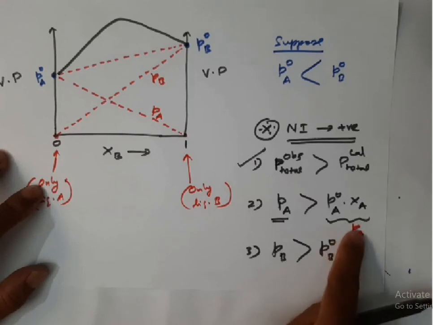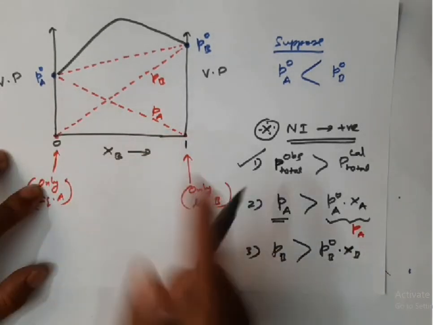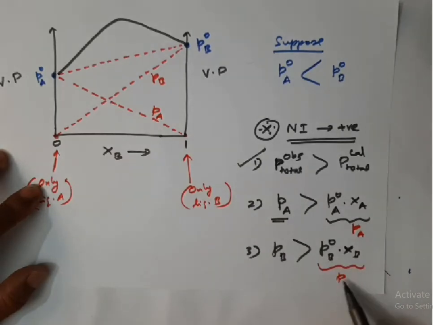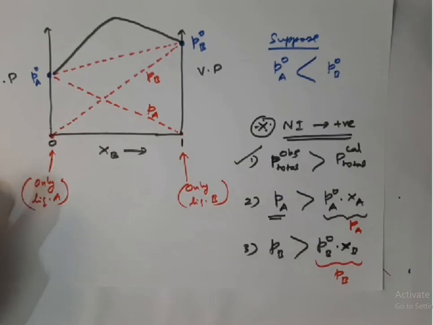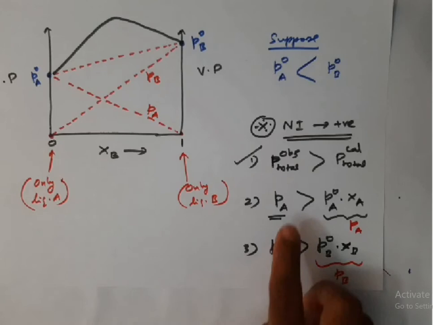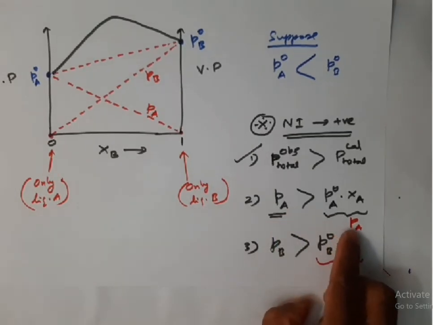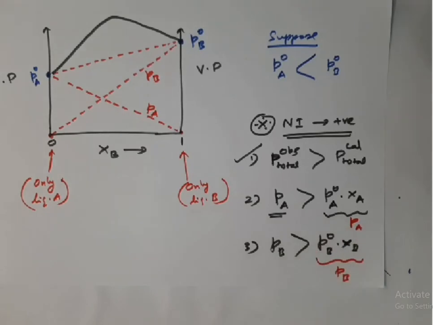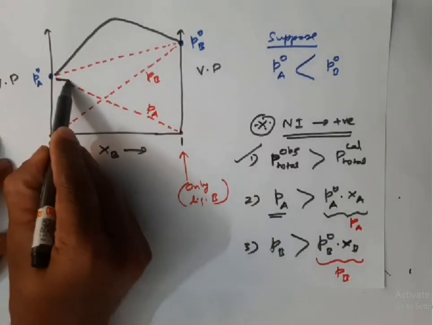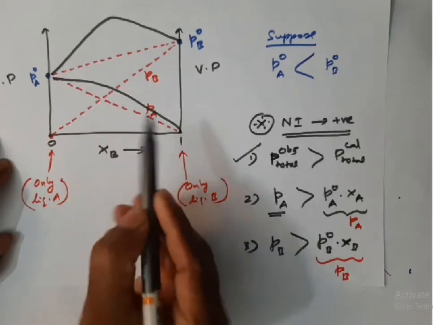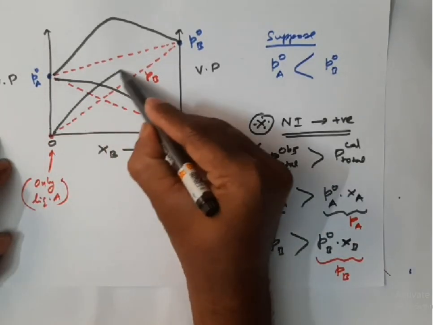If you calculate through Raoult's law, you will get a straight line like this. Similarly, this is calculated through Raoult's law, partial pressure of B, but the actual partial pressure is greater than the partial pressure calculated using Raoult's law. Therefore, here also the curve will go above this line. Here also the curve goes above this line.